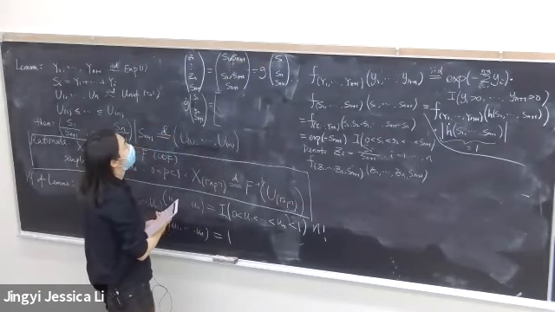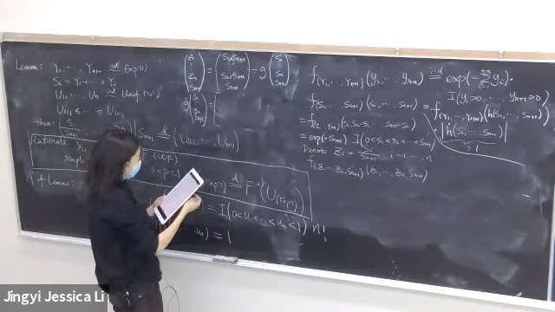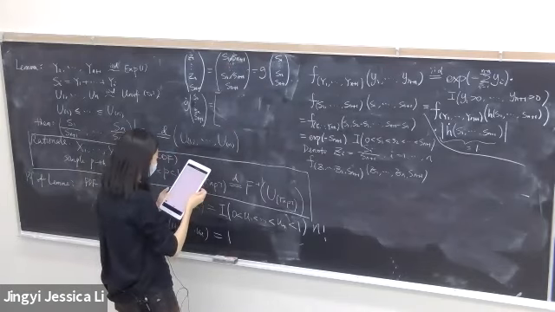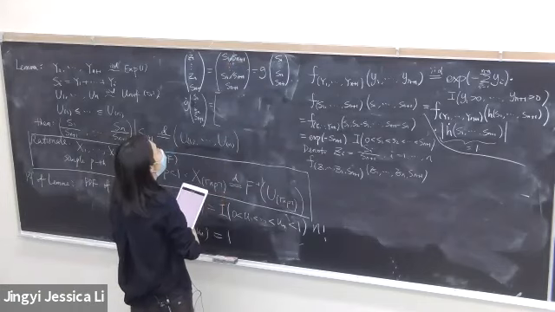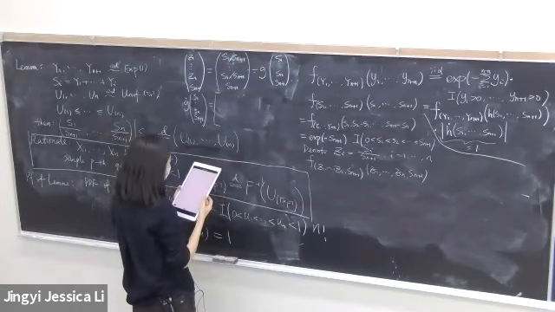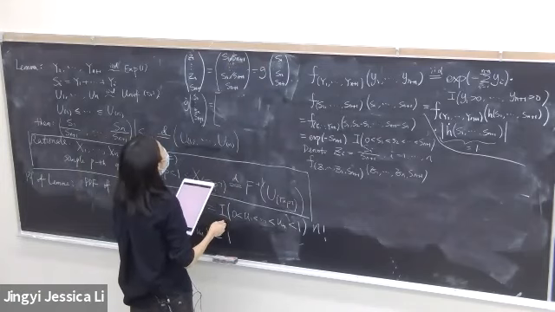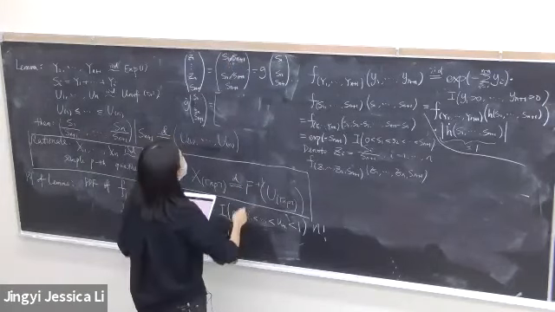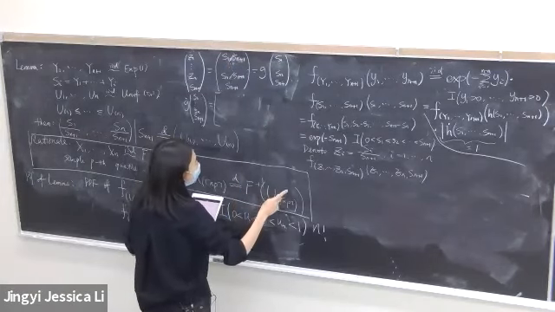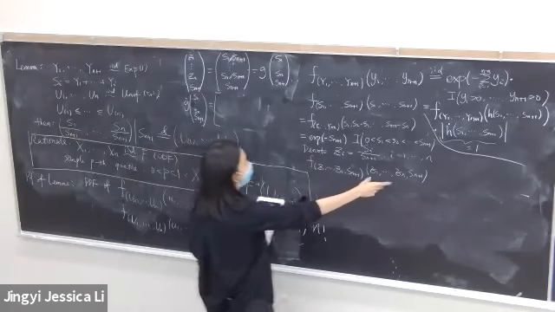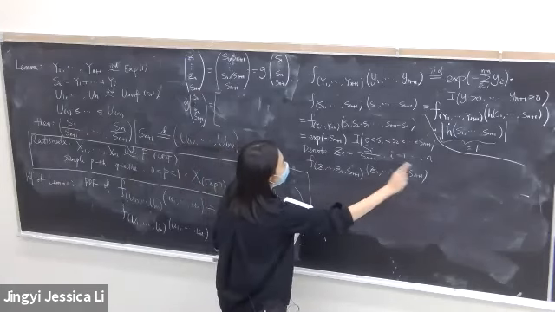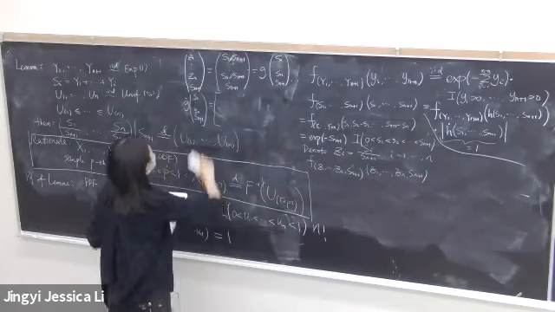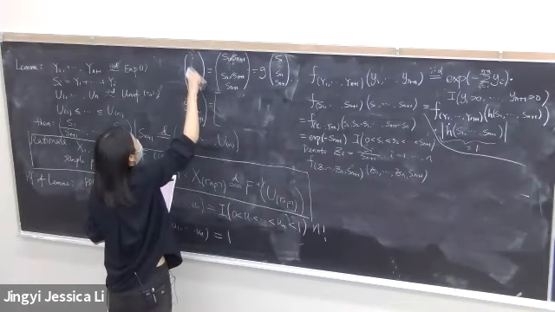What is that? Sorry, I think I made a mistake. My bad. Sorry, I should go from the right. What I need is to go from Z to S. So that's what I need for the change of variables. I reverse the order.